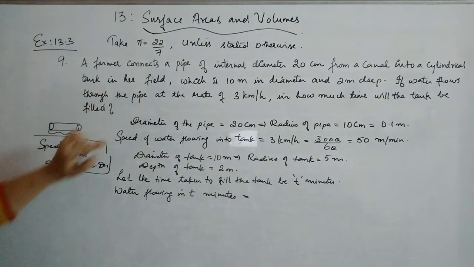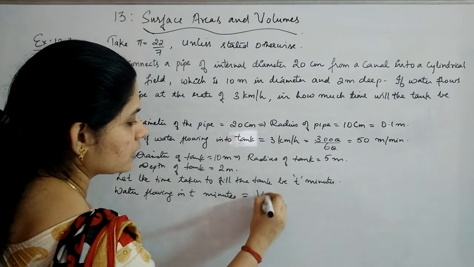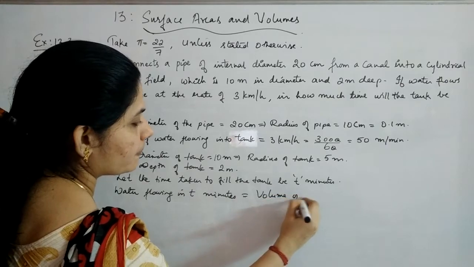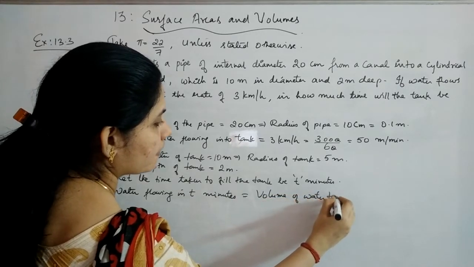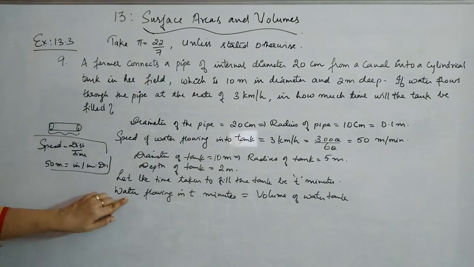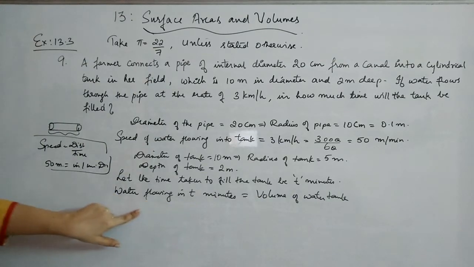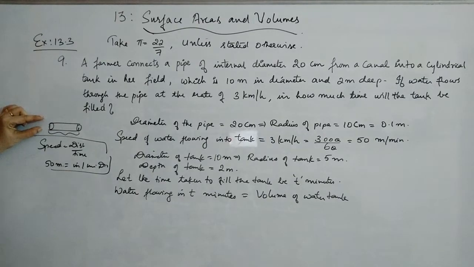The water flowing in T minutes acts as the volume, and it is in cylindrical shape, so it will be pi r square h form only.